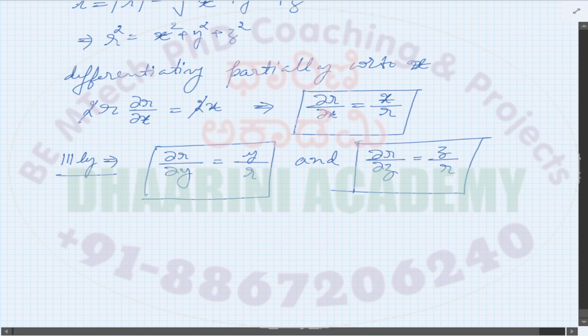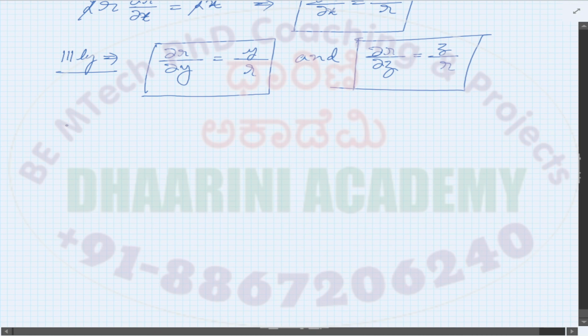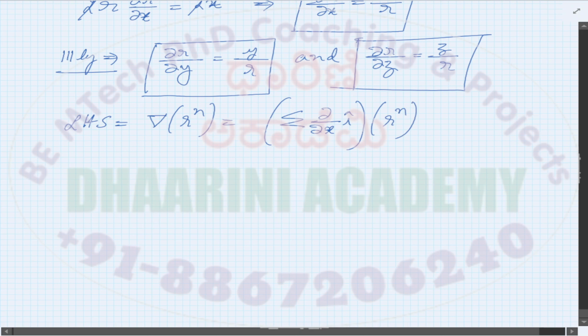Now we'll start with the left hand side of the given question, that is, this is del of r to the n. What is the del operator? Del operator can be replaced by summation of dou by dou x into i cap, right? This has to be applied to r to the n.